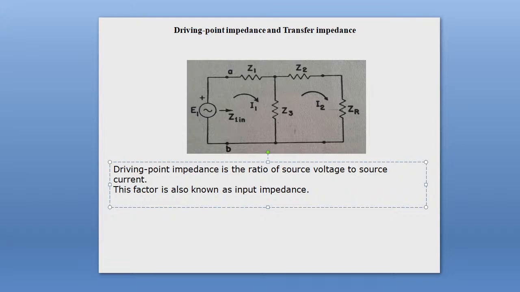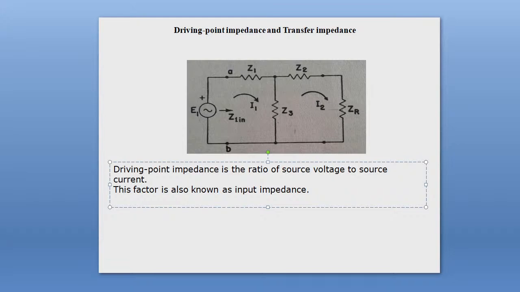An AC source, obviously not a DC source, is applied to the input, to loop 1 or mesh 1, through which I1 current flows.